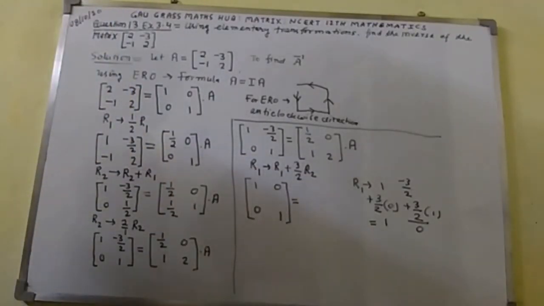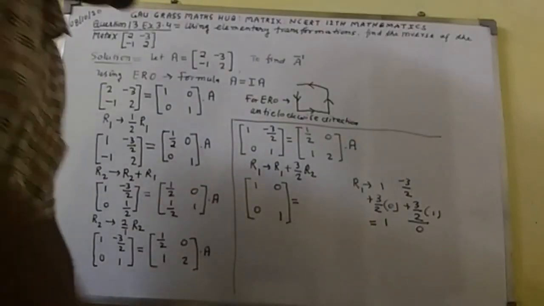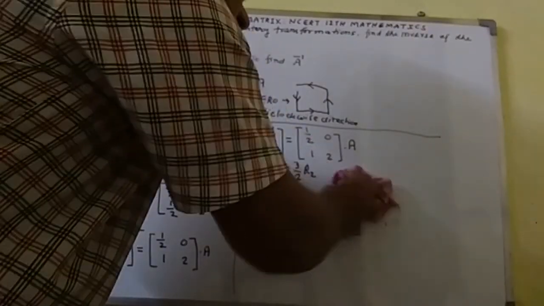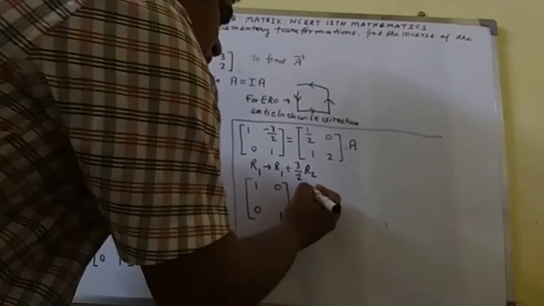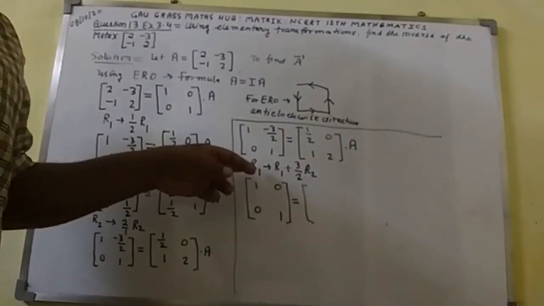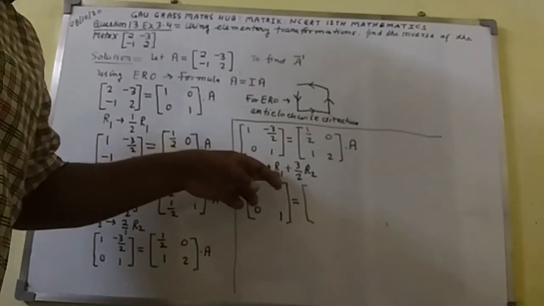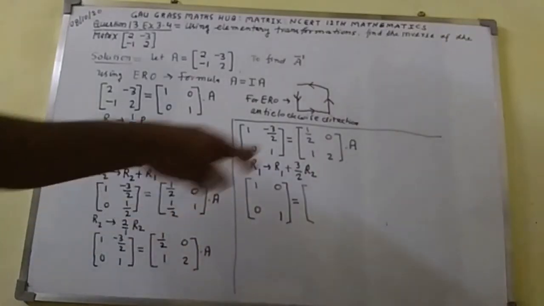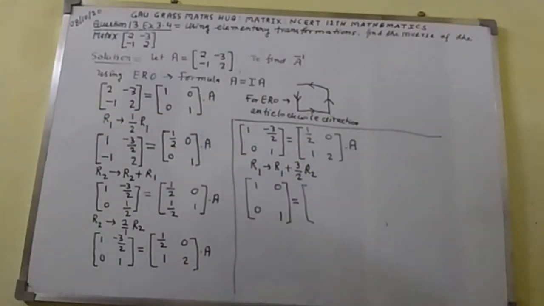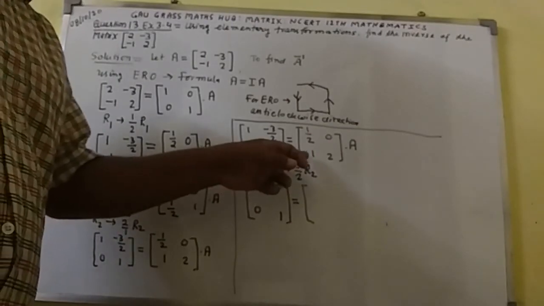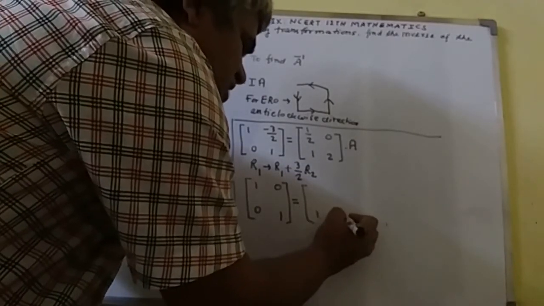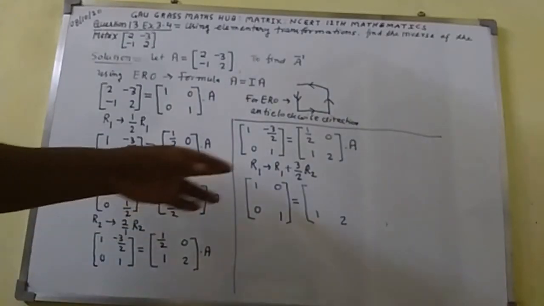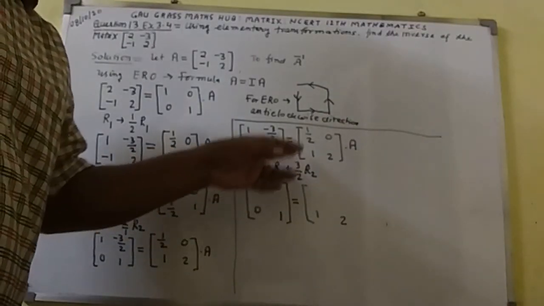Now let us see what happened in this matrix, which has more importance. If you apply the property R1 goes to R1 plus 3 over 2 R2 in this matrix, there will be no changes in the elements of R2. I shall write the elements of second row as they are, 1, 2, and changes will occur only in the elements of the first row.